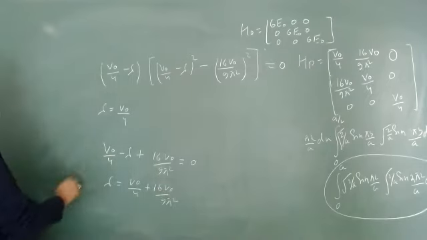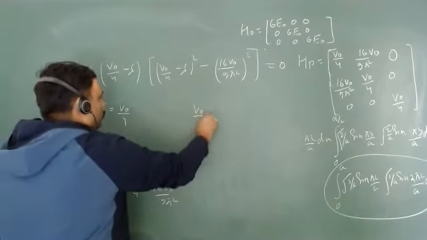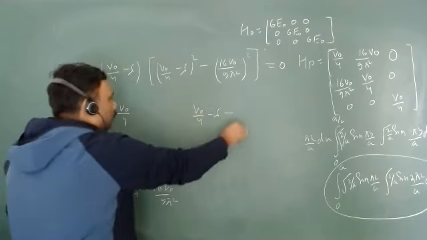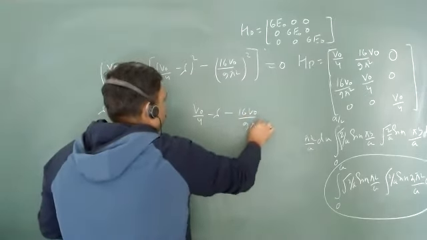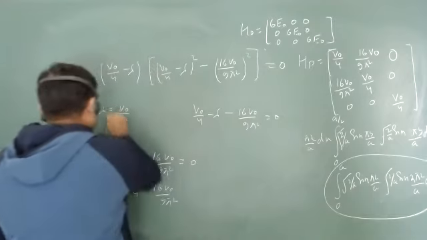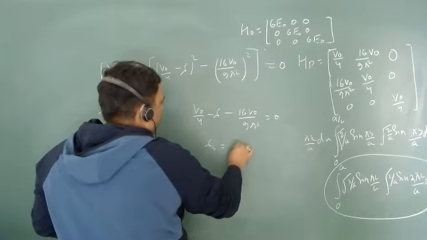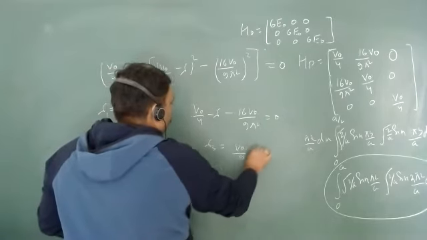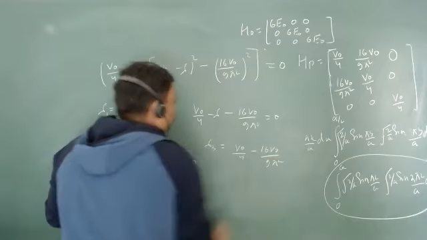This is the second one. And third one, V0 by 4 minus lambda minus 16 V0 upon 9 pi square must be 0. So this is lambda 1, this is lambda 2, and you can go for lambda 3. And this will be V0 by 4 minus 16 V0 upon 9 pi square.